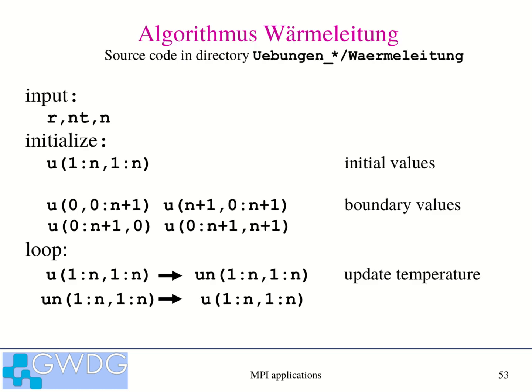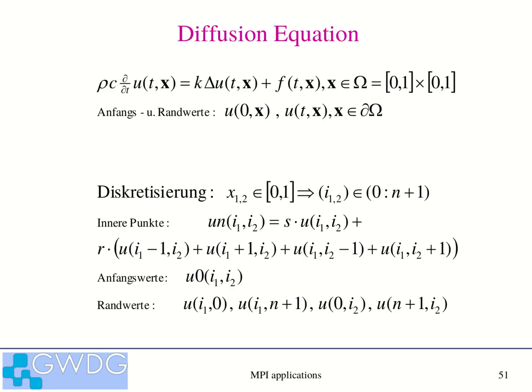Now, this algorithm is very simple. We have an input where, as I had to mention here, if you calculate the new value of the property, you have to use the old value and the average, but they are multiplied by some constants S and R, and they are calculated via the discretization from the physical constants rho, C and K, which are theory constants.